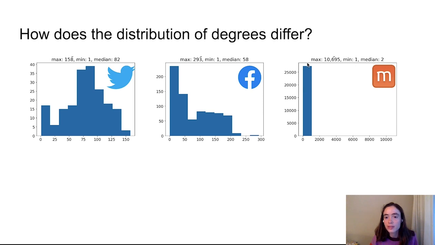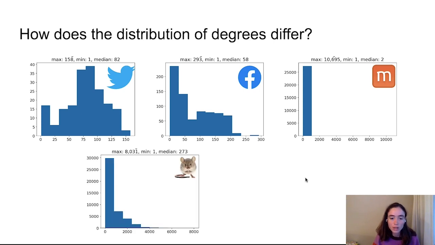The median degree of a vertex is just 2. So that means that over half of the movies and users in our data set have been viewed by 2 or fewer users, and about half of the users in our data set have viewed 2 or fewer movies.